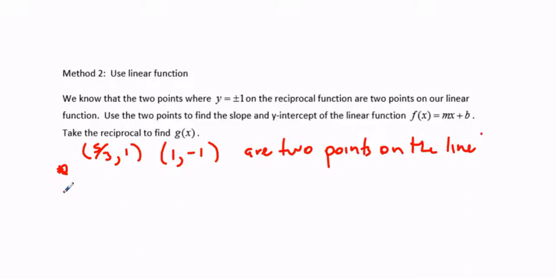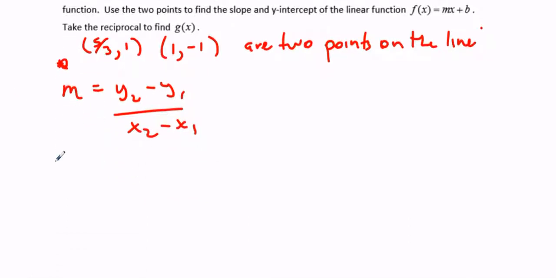Okay, the slope then is y2 minus y1 over x2 minus x1, as you recall from way back when in grade 9. And you're just going to sub in y2, start with this one, -1 minus 1 over 1 minus 5/3.